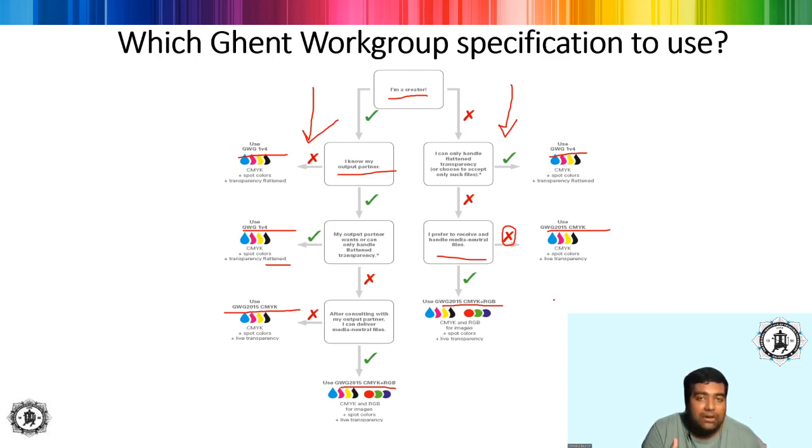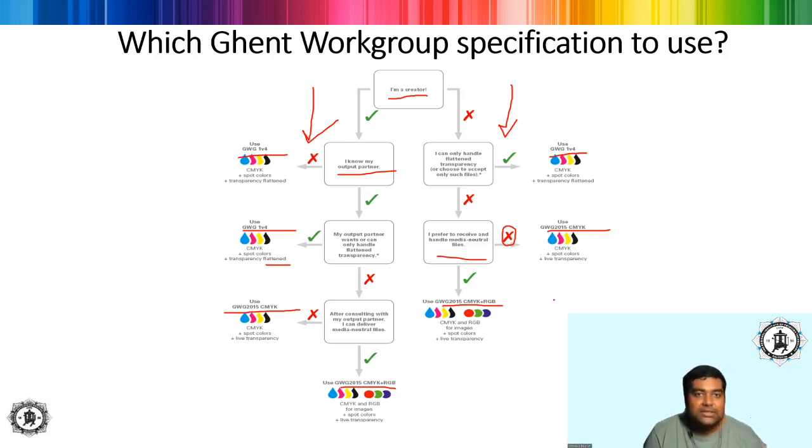And in the upcoming, I think, third part, I'll be showing you some demonstration about how to make these decisions, when to make these decisions, and how you can export to the correct specification, how your printer can perform that pre-flight checking, whether your file is meeting those criteria as referred in the specific PDF standard, or even the GWG specification, whichever you have used as the preset for getting the PDF as your output. All these things I will demonstrate.